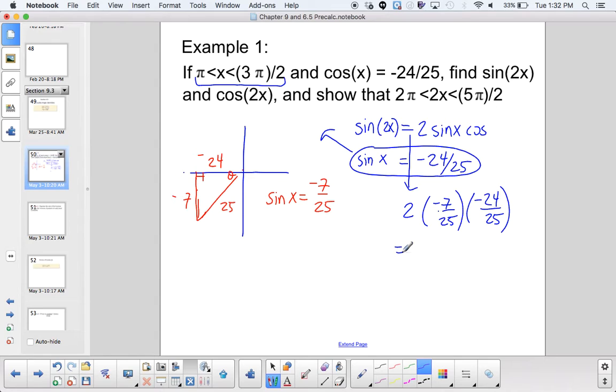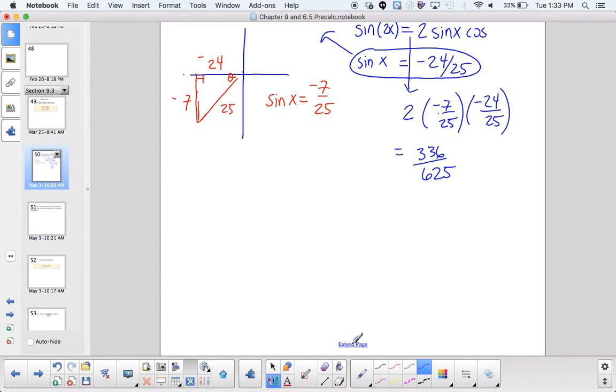And then we just simplify that, and you would get 336 over 625. Okay, and so there we have the sine of 2x.